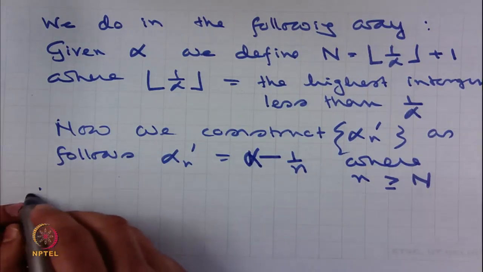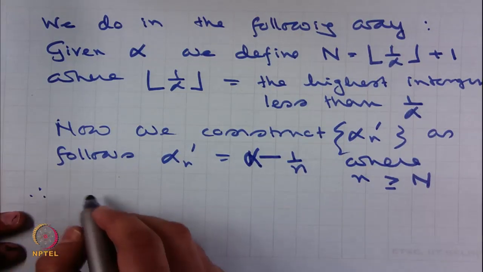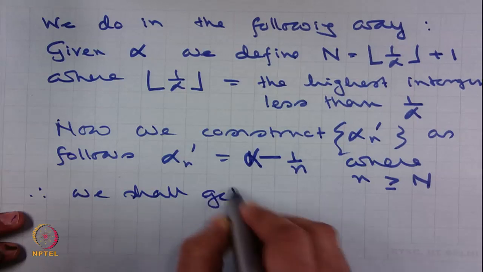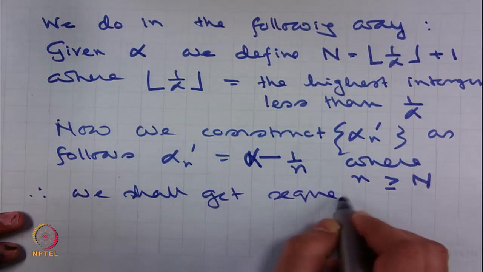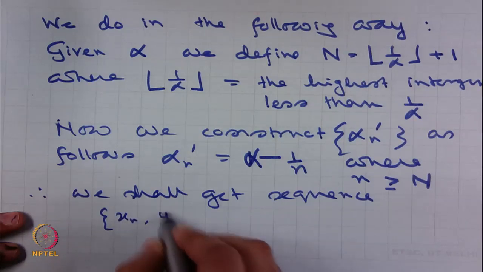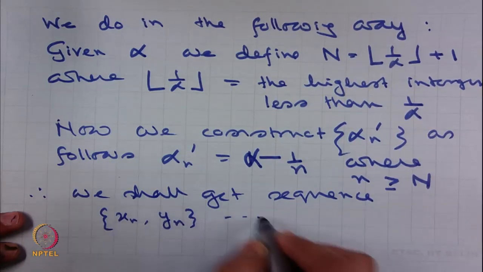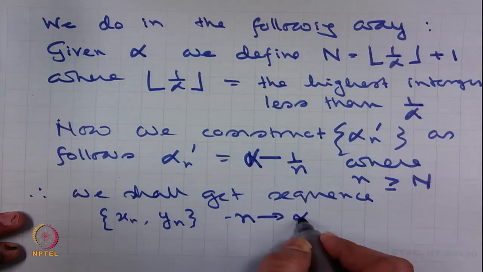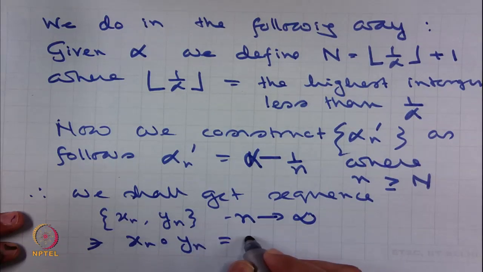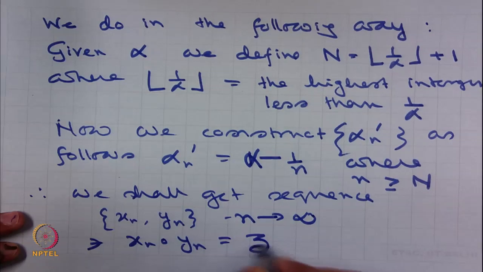Therefore, as explained above, we shall get a sequence x n, y n, n going to infinity, such that x n of y n is equal to z.